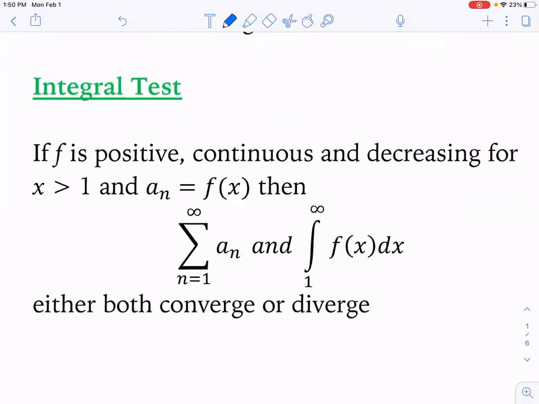I'm going to go ahead and let you write this down. And then we will move forward.